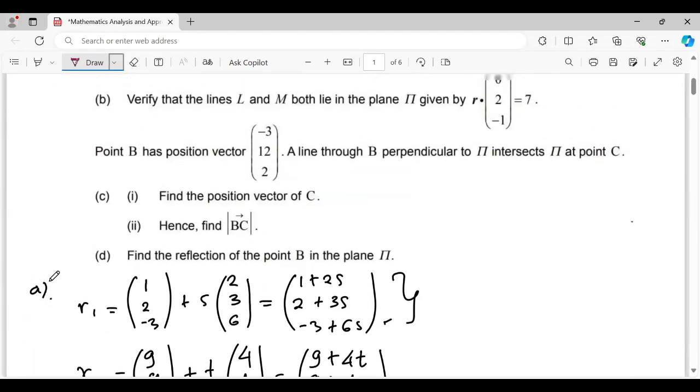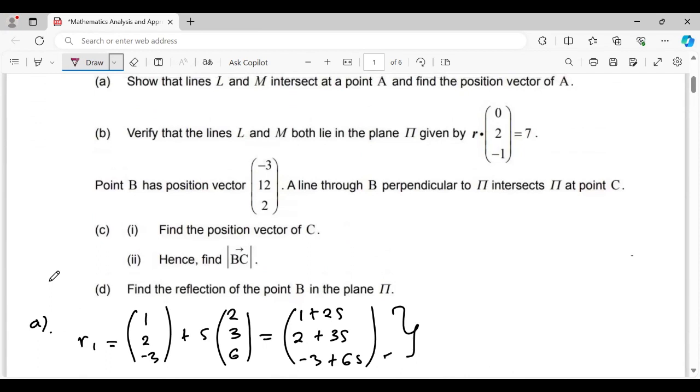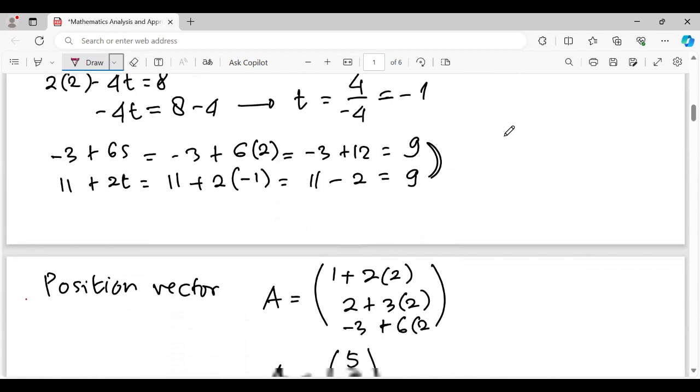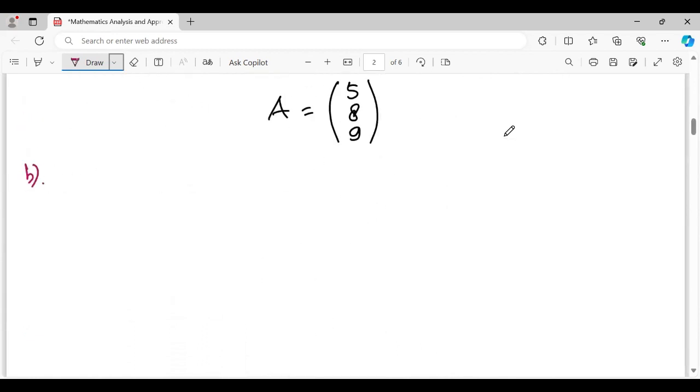Question B: verify that the lines L and M both lie in the plane pi, given by r · (0, 2, -1) = 7.